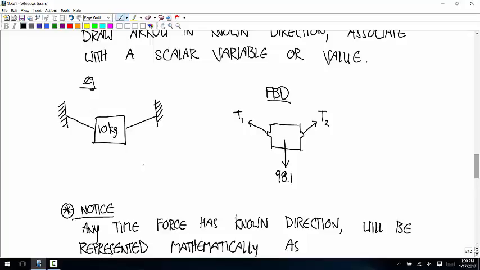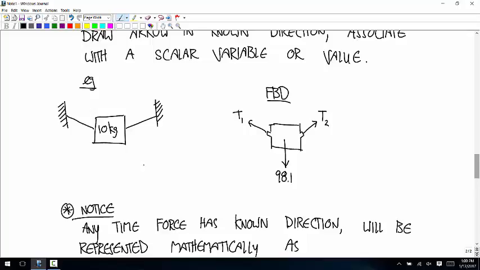What about this one? Because when you think of the weight at first, it doesn't really seem like you need a unit vector for that. That's just 98.1 in the negative y direction: 0, negative 98.1. And you're familiar enough with that that you're not going to really think about it as a unit vector. But really, if you think about this arrow as being represented by the unit vector 0, negative 1, that's the unit vector in the direction of that arrow.